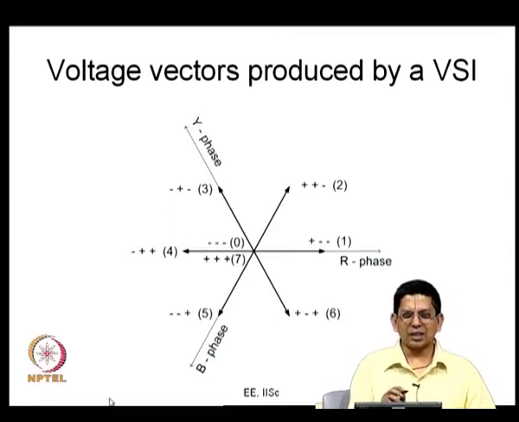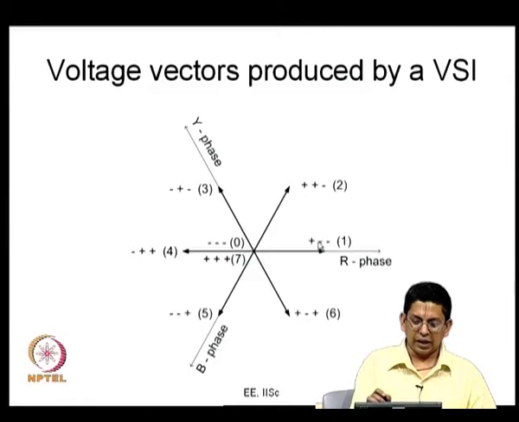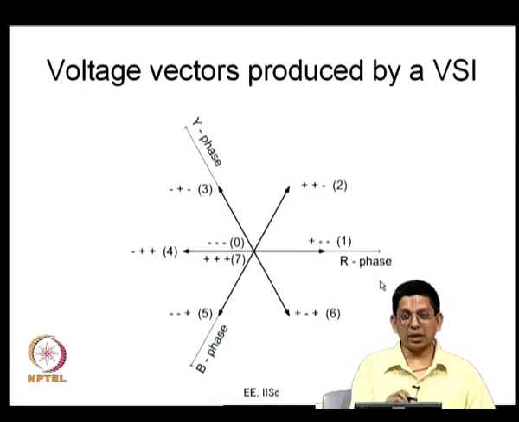Now, let us understand this a little better. What do we see here? We see that when the R phase alone is connected to the positive bus and Y phase and B phase are connected to the negative bus, you produce a voltage vector of magnitude VDC along the R phase axis. Now, everything is symmetric, the machine is symmetric, the inverter is symmetric.